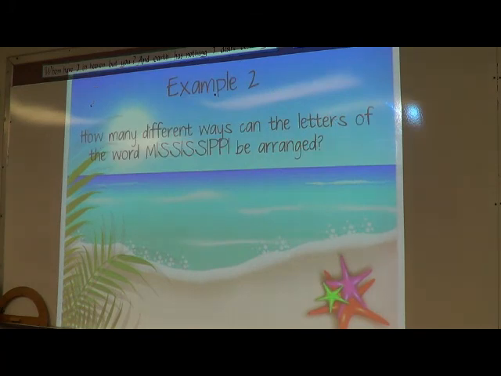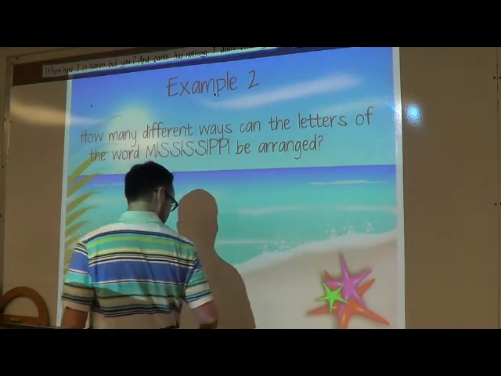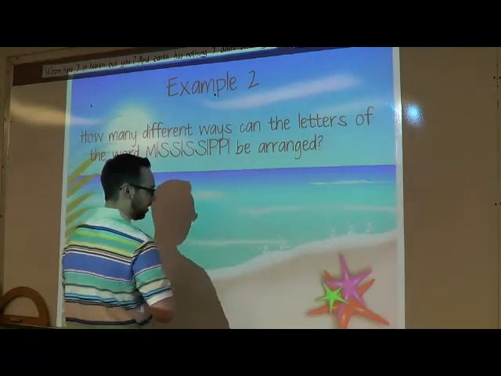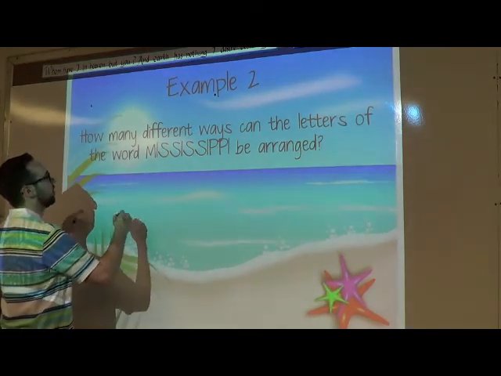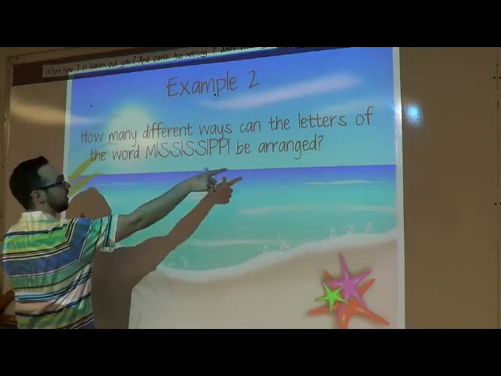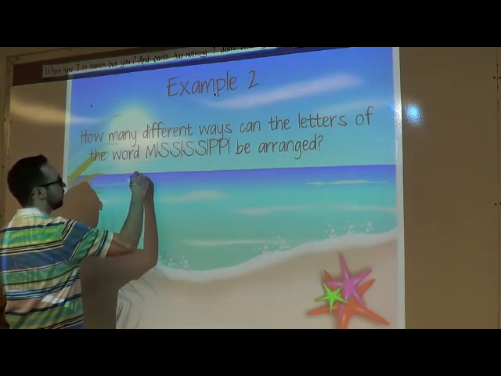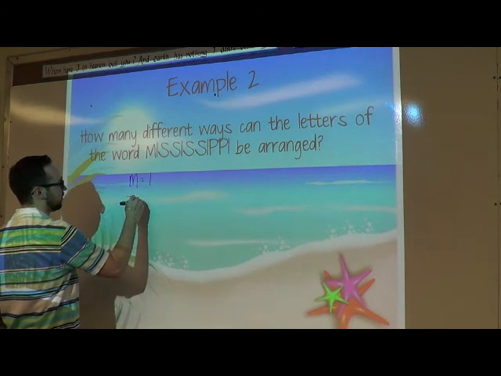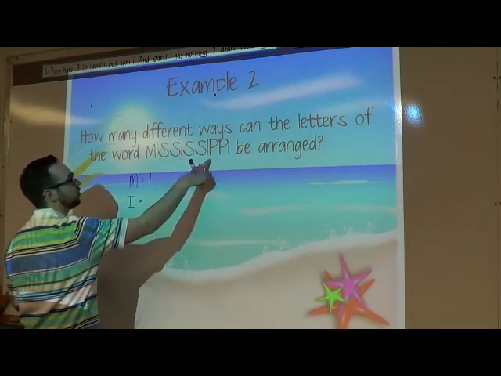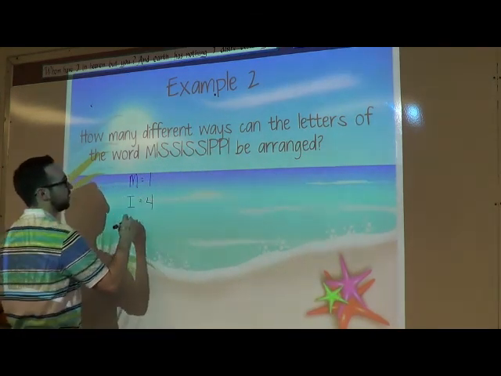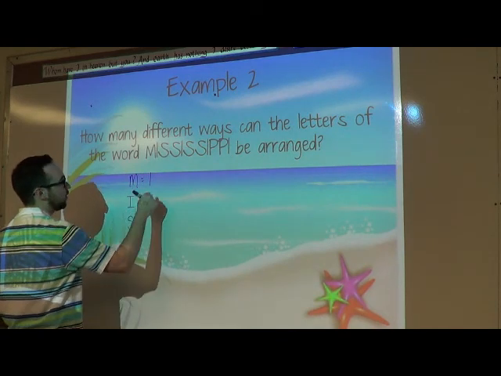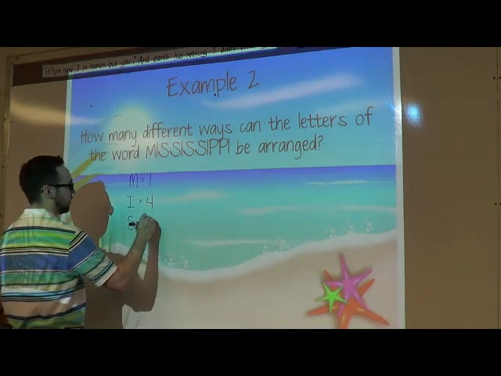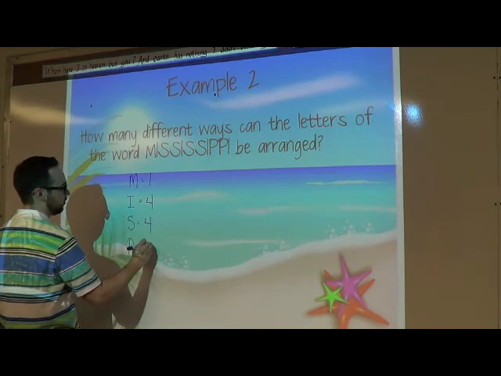So we're looking at the word Mississippi. M-I-S-S-I-S-S-I-P-P-I. M, we have that 1 time. The letter I, we have 1, 2, 3, 4 times. The letter S, we have 1, 2, 3, 4 times. And the letter P, we have twice.